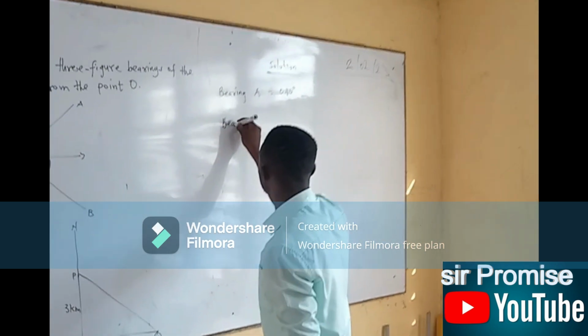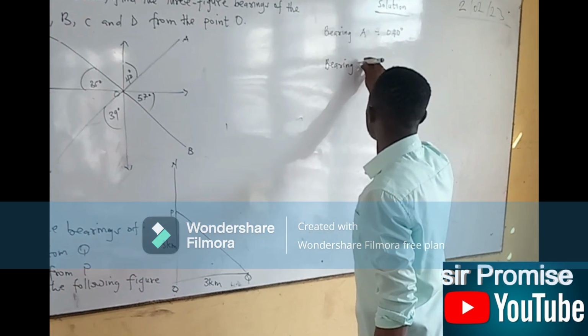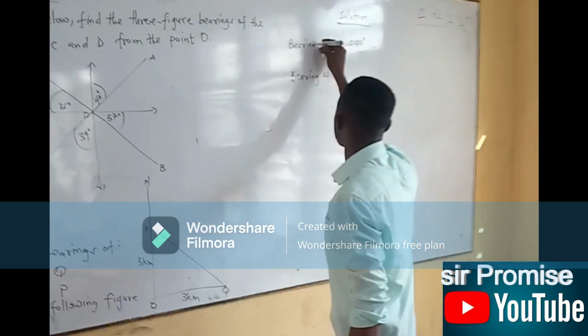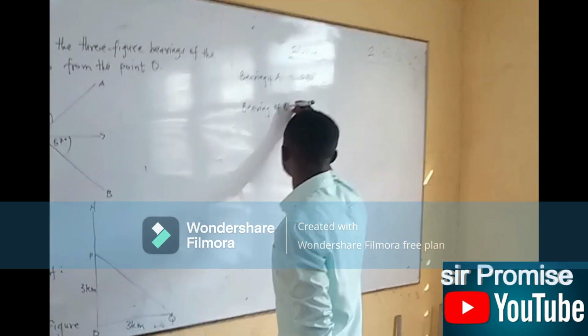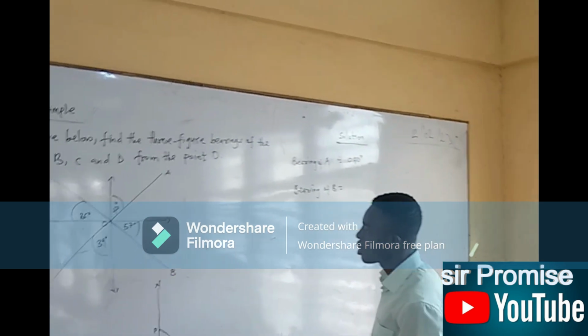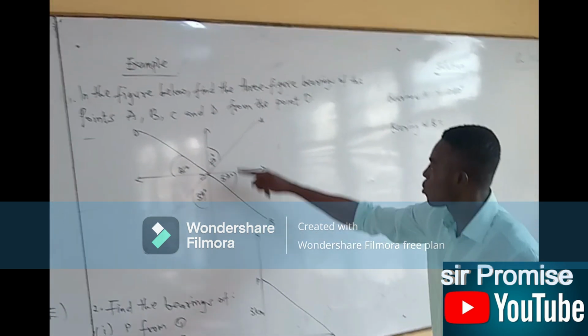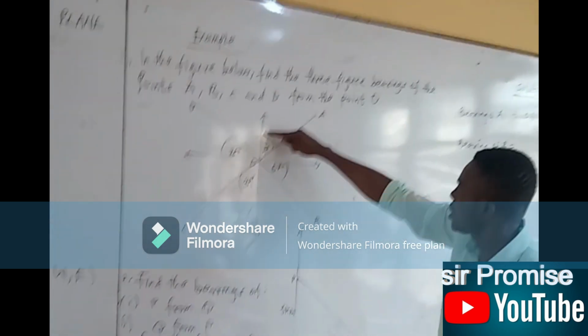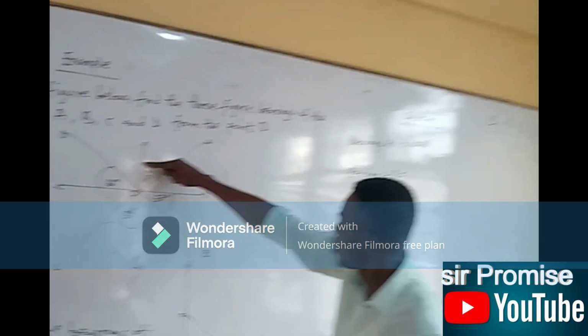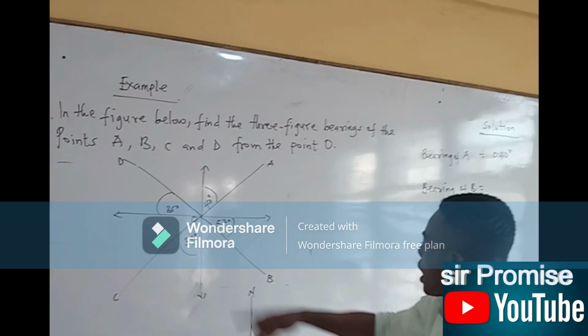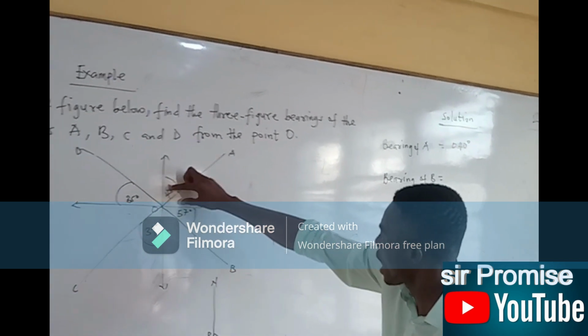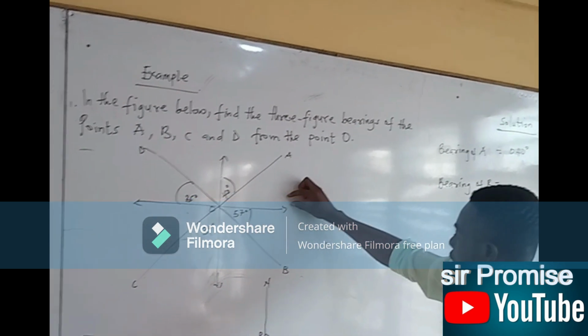Let's take the bearing of B. So B as the line, this is the line that we are talking about. So when we are to find the bearing, it means from the north to this line, and we know that the complete angle here is 90.